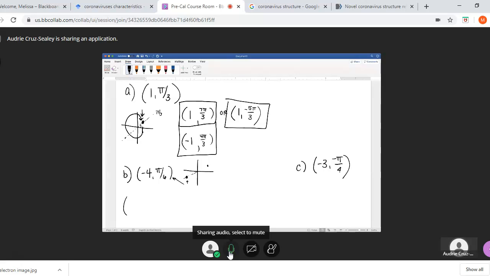It is flipped. You did flip it. Didn't you? It's in the 3rd quadrant. Where's pi over 6? What quadrant? And then what did you do? You flipped it.